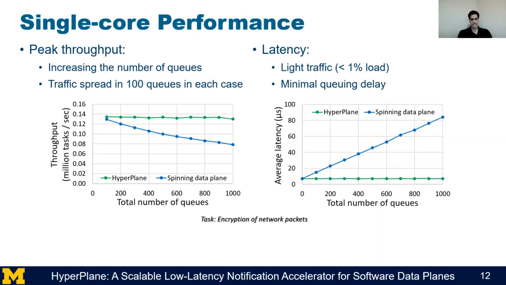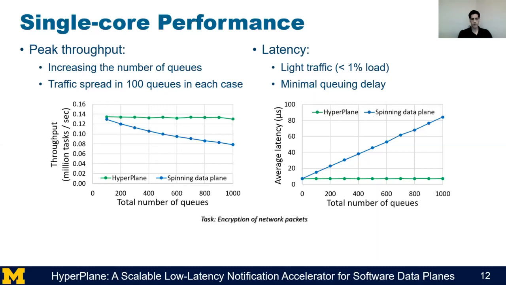Now, let's consider the latency and see how fast HyperPlane or the spinning data plane finds a task in one of the queues and processes it. In the chart on the right side, the traffic is very light and there is minimal queuing delay. As we increase the total number of queues, the core in the spinning data plane has to check more empty queues and possibly incurs cache misses before finding work in the ready queue.